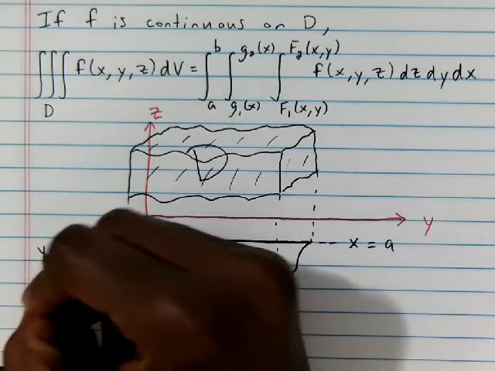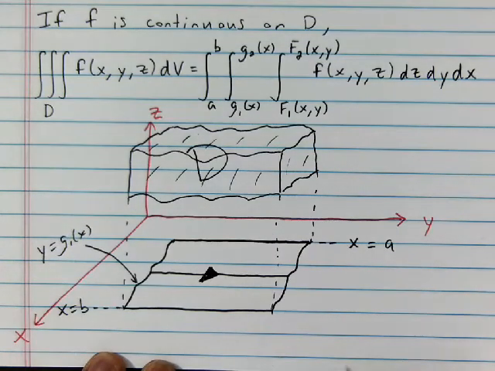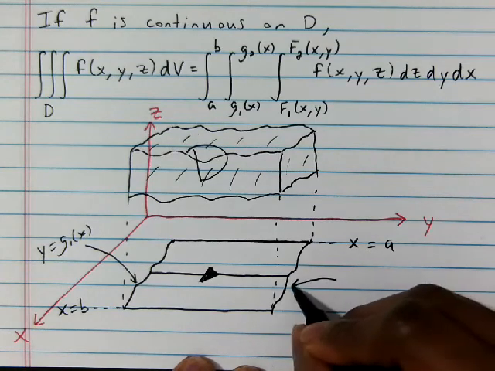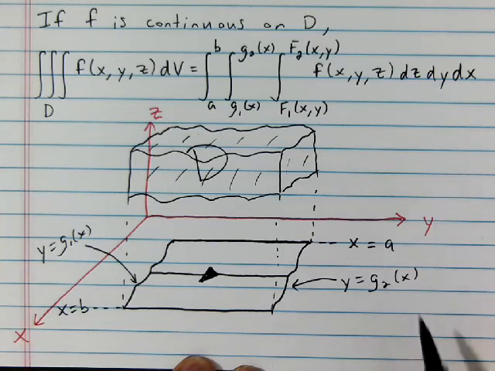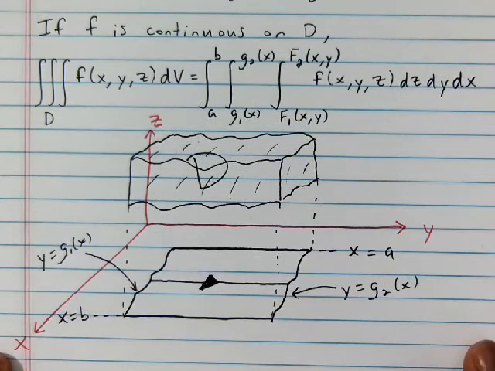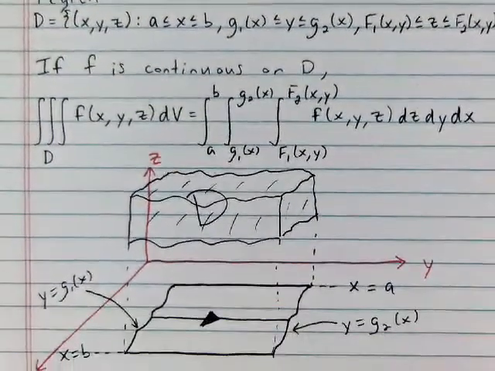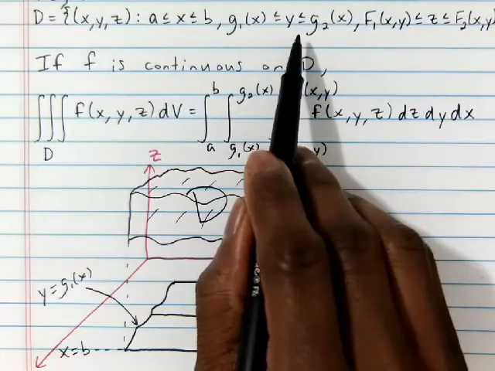That would be y equals g sub 1 of x. And then this curve up here is y equals g sub 2 of x. All right, so that aspect, oops, sorry, I'm going too far. So that dealt with this and this, which we're familiar with, that being a type 1 region.